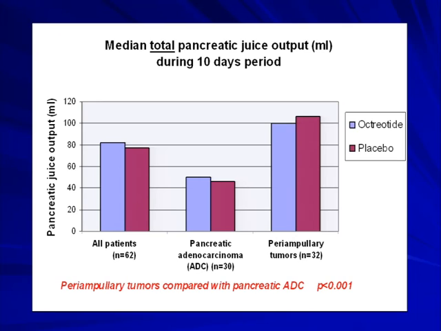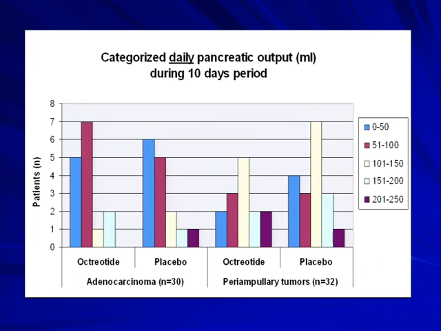The patients with pancreatic adenocarcinoma had a median total pancreatic juice output significantly less than the group of patients with periampullary tumor, but no difference whatsoever between the octreotide and placebo groups, whether patients had pancreatic adenocarcinoma or periampullary tumors.